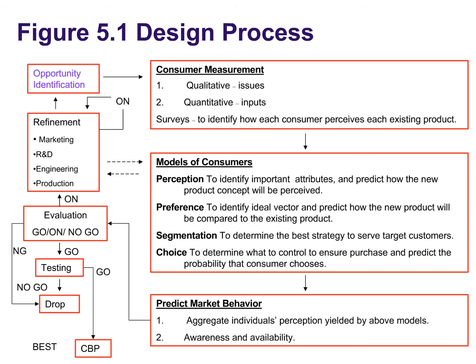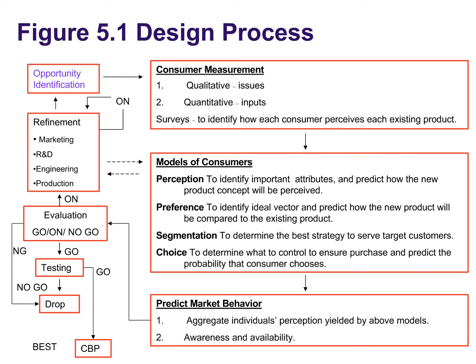Then we predict market behavior from the individual to the aggregate level, adjusting for awareness and availability. Through this, we evaluate the result. If it is satisfactory, we move the product to testing.